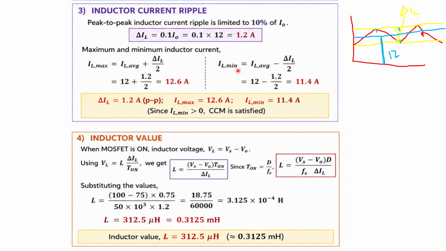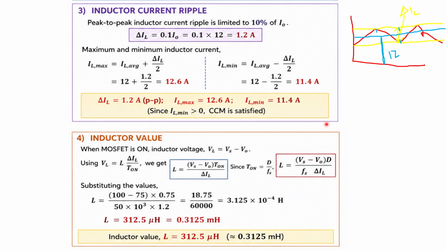And IL minimum, the lowest point, is IL average minus delta IL by 2, that is 12 minus 1.2 divided by 2, that is 11.4 ampere. So peak to peak current is 1.2 ampere, IL max is 12.6 ampere, IL minimum is 11.4 ampere. Try to solve this numerical along with me.